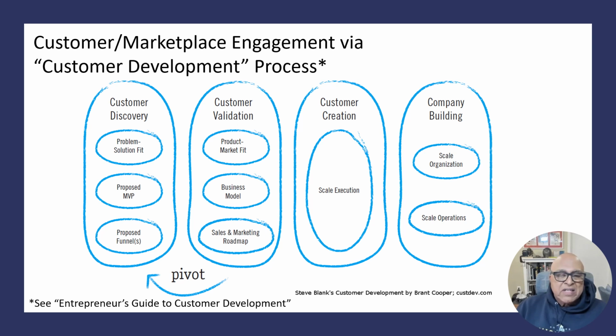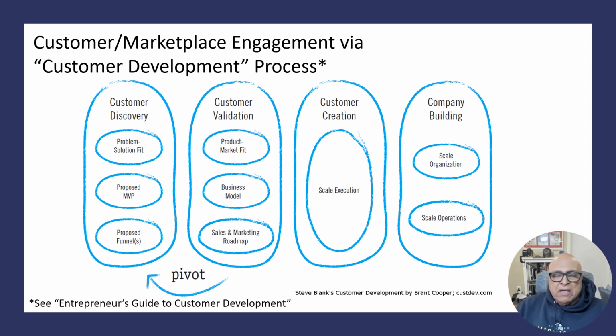Customer discovery, you're trying to determine, do I have a product that people want? Under customer validation, you're trying to determine, do I have a product that I can sell to a number of people? And customer creation, in a nutshell, is once I've determined that I have a business model where I can sell this product repeatedly, can I scale that process so I can sell to a lot of people using that business model?